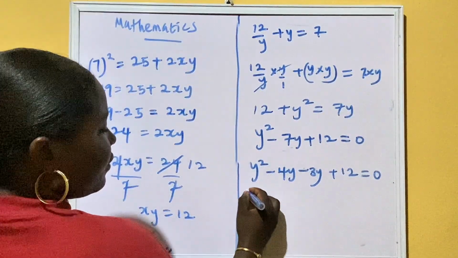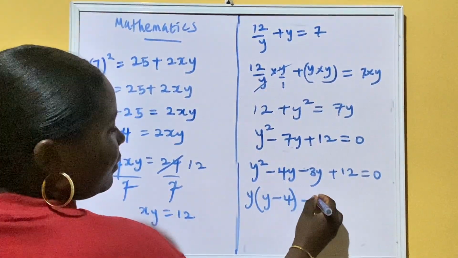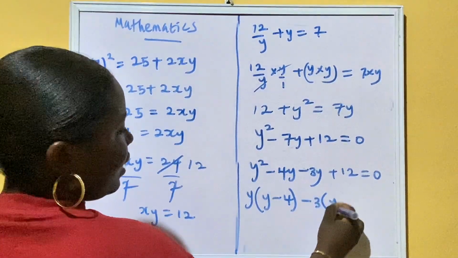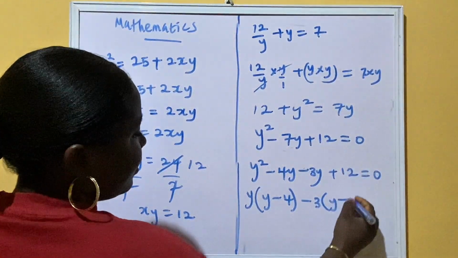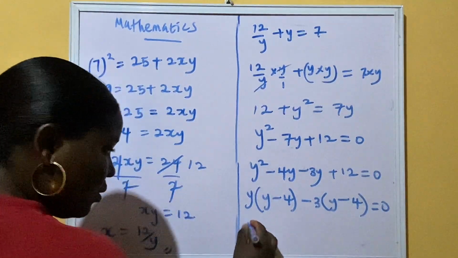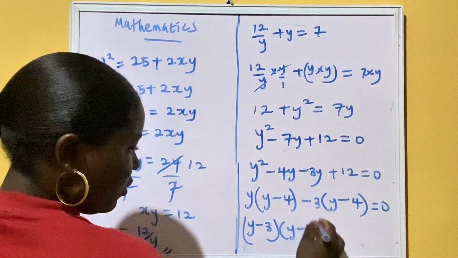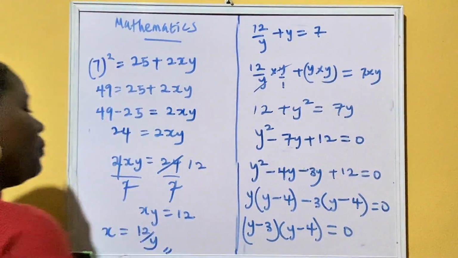Factorizing, we get y minus 3 times y minus 4 is equal to 0.